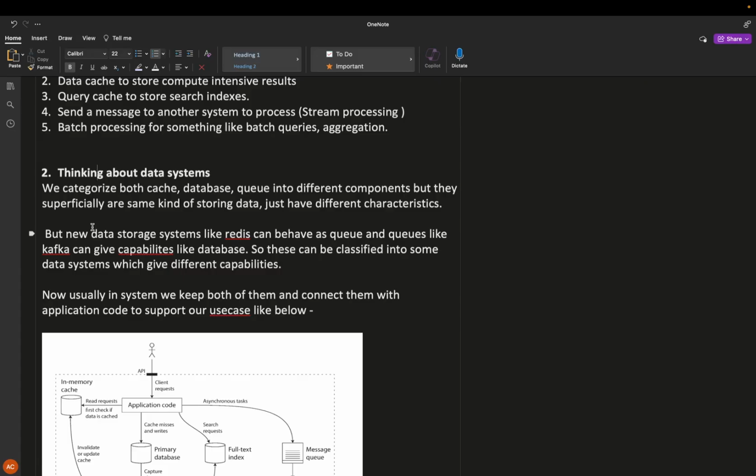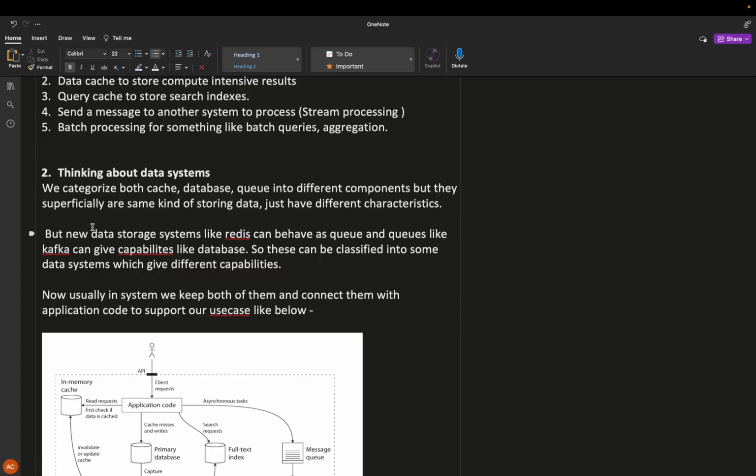But essentially they store data for some time. There were certain characteristics of all these three things. A cache stores for less time and doesn't have retention. A database stores for a longer time and has retention. And a queue usually passes data through, so it stores for a very short time again.